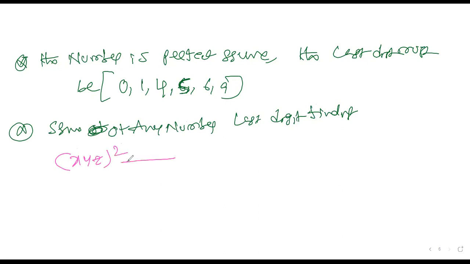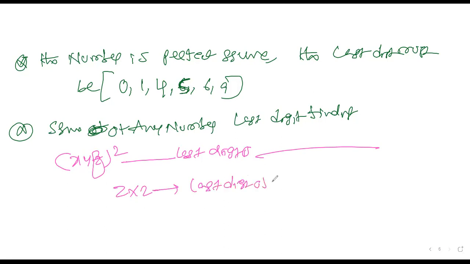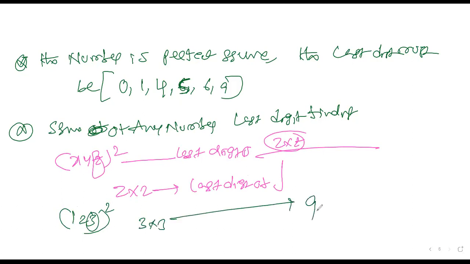To find the last digit of the square, you multiply z into z, the last digit of z into z. That is the process we work out. For example, 123 means x, y, z. Z has value 3; 3 threes are 9. The last digit is only 9. These are the two concepts we work on. The square part is done.